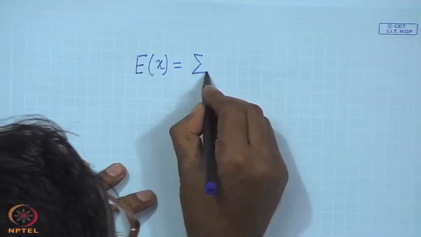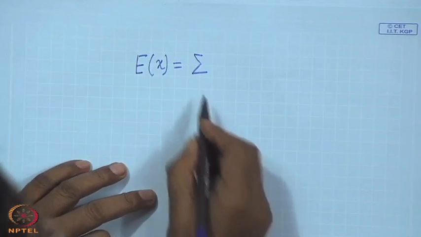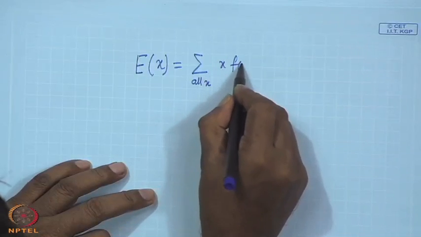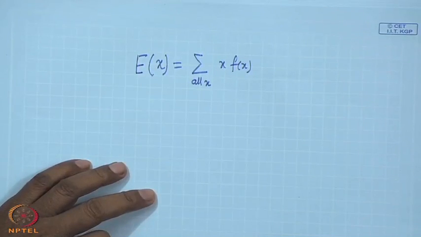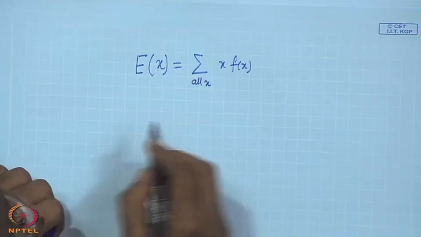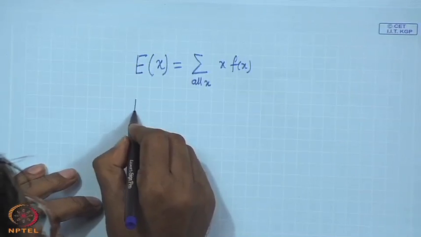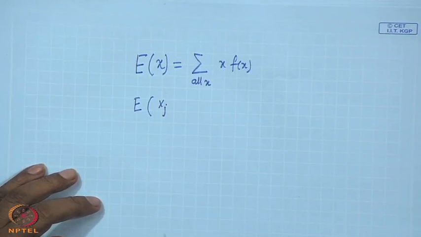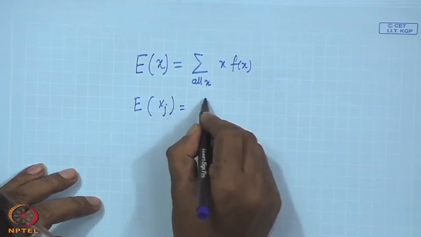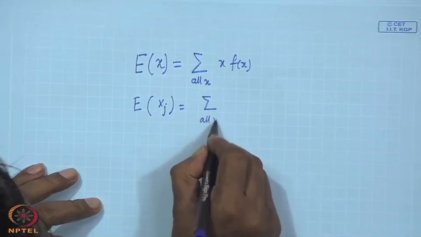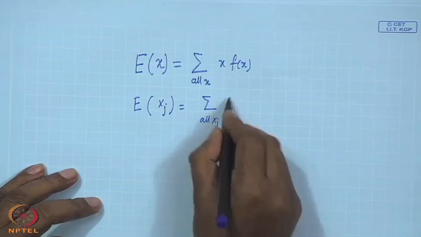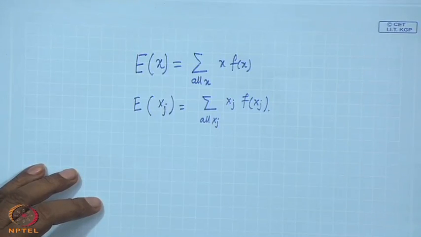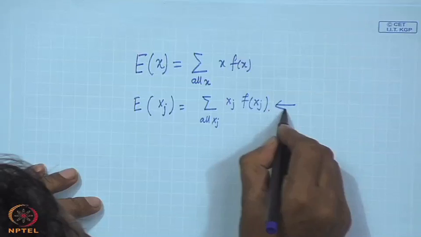If your variable is discrete, you give a summation over all x, x f(x). Here, we have so many variables at hand, so we write expected value of xj, where j stands for a particular jth variable, then we can write summation over all xj, xj f(xj), when it is a discrete variable.